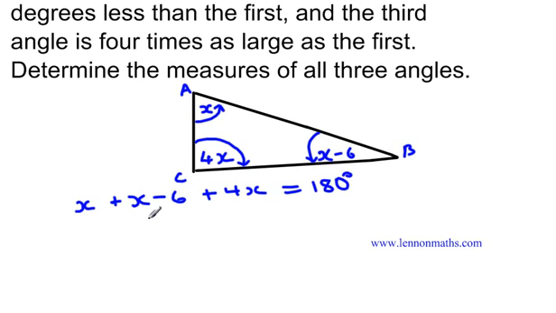And so if I rearrange so I can have the X terms together, and I'm going to put the 180, and by the way, it's going to be minus 6 here.